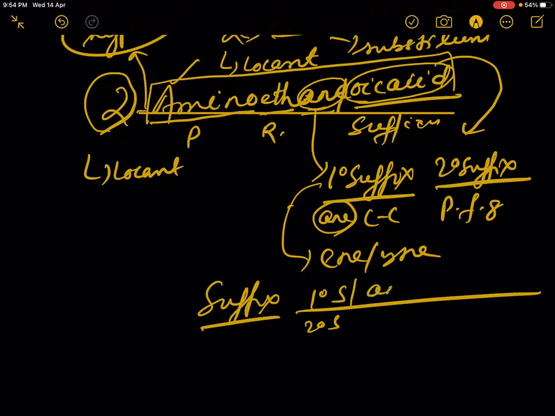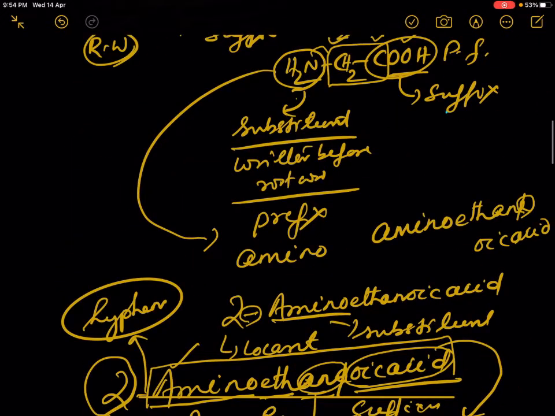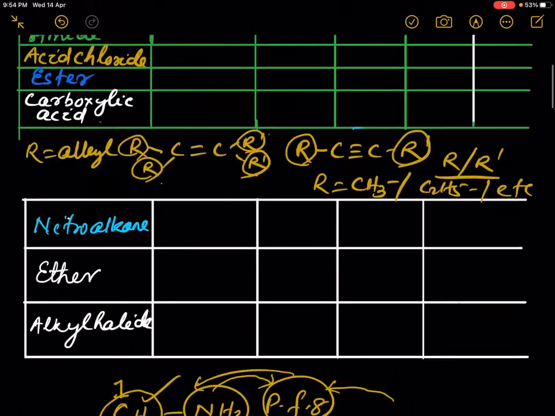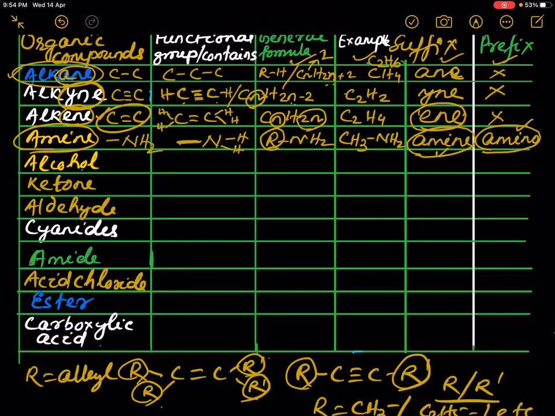Primary suffix is ane, yne. Secondary suffix is ol, oic acid, al, etc. Then, for alcohol, the functional group is OH.